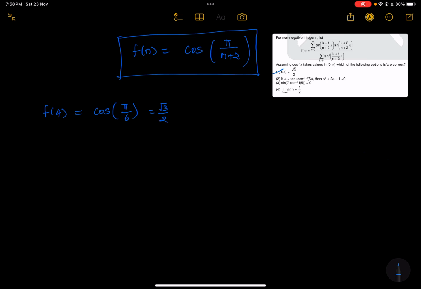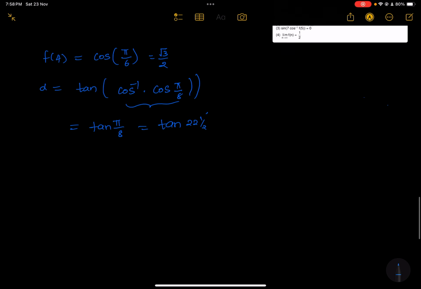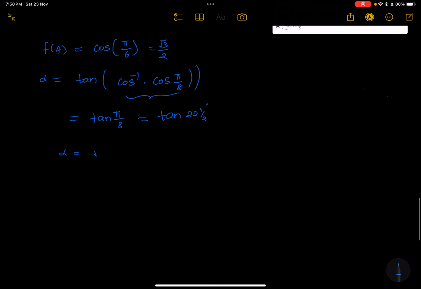So the first option is correct. Next, second option, alpha is equal to tan of cos inverse of f of 6. What is f of 6? Cos pi by 8. So alpha is tan pi by 8. Tan pi by 8 means tan 22.5 degrees. So we know this. Tan 22.5 degrees is root 2 minus 1. So alpha plus 1 is equal to root 2.